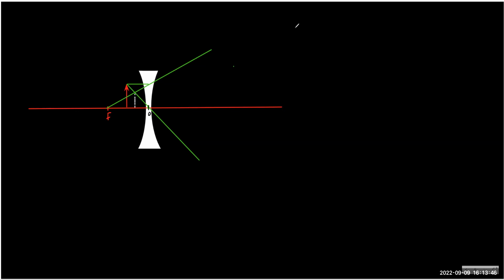Yes. This is also obvious from the formula. So when u is 0, v is 0, which is like if the object is here, the image will be here.